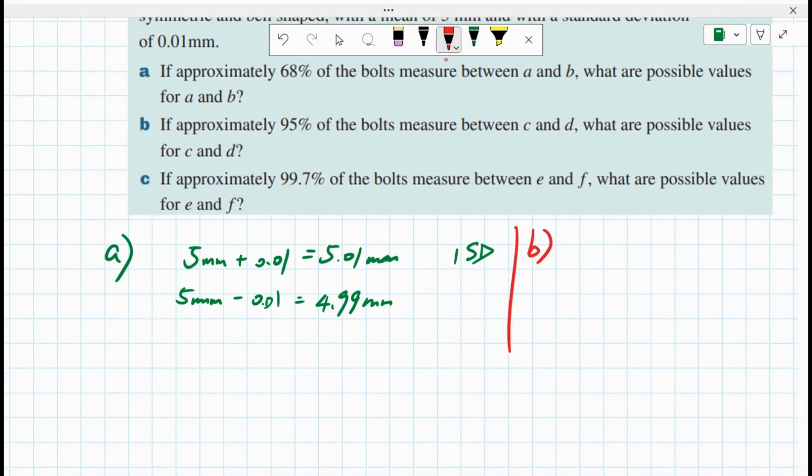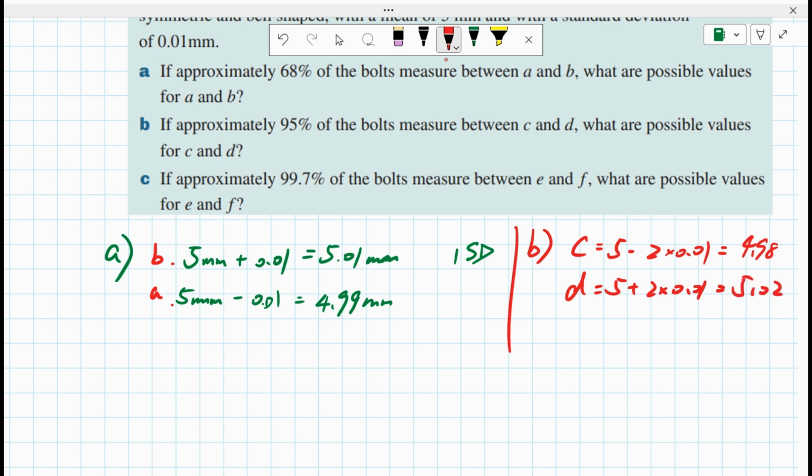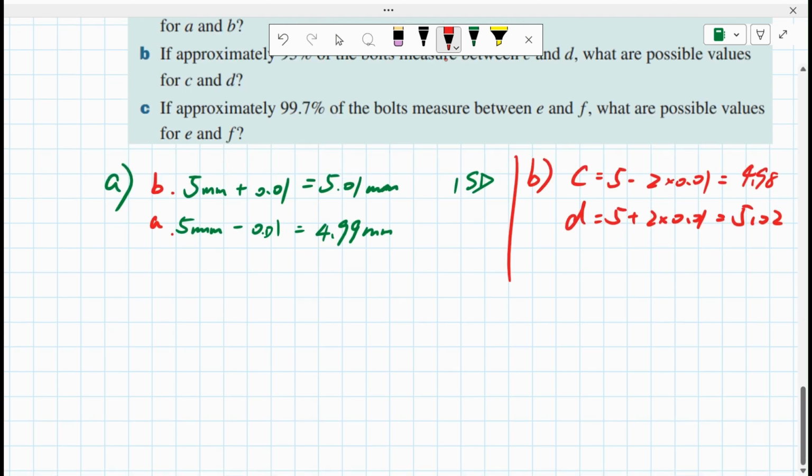For the second part, two standard deviations is approximately 95%. Sorry, by the way, this one is B and this one is A. So C equals 5 minus 2 times 0.01, which equals 4.98, and D equals 5 plus 2 times 0.01, which is 5.02.